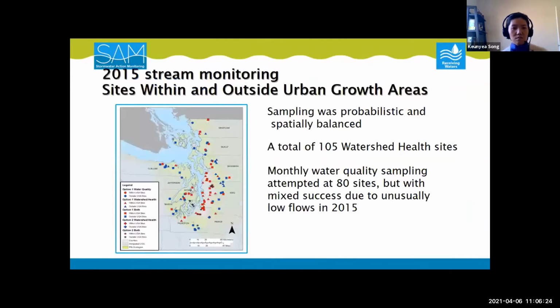In the first round of stream sampling in 2015, a total of 105 spatially balanced stream sites were selected in the region, and half of them were inside and the other half were outside of the urban growth area. A subset of them, 80 sites, were selected for more frequent water sampling.